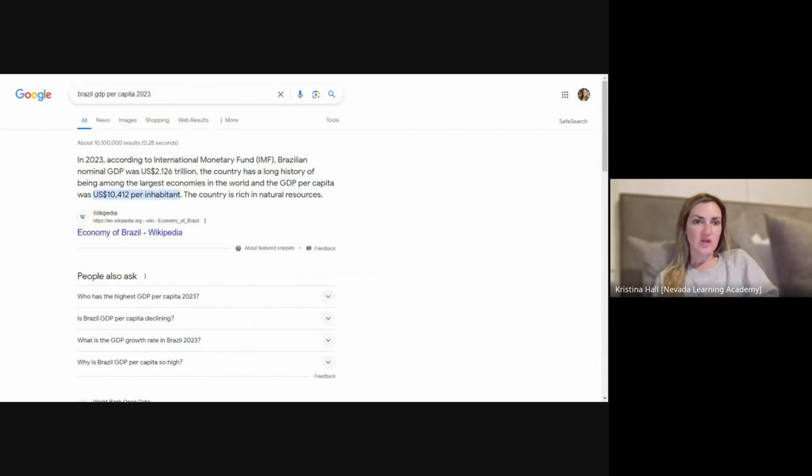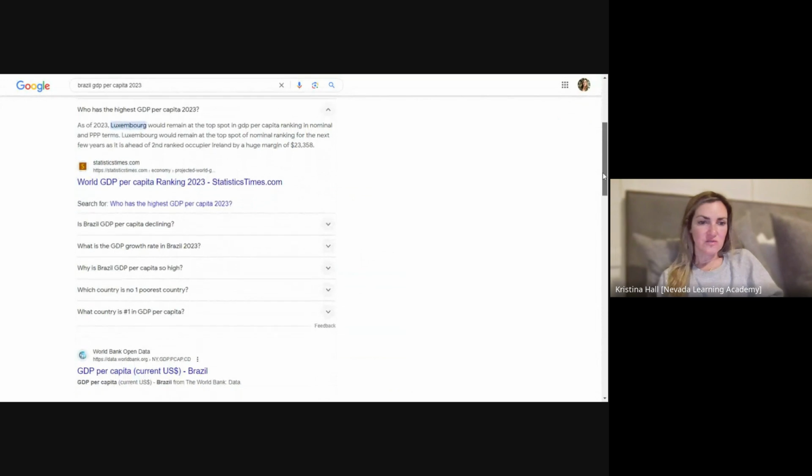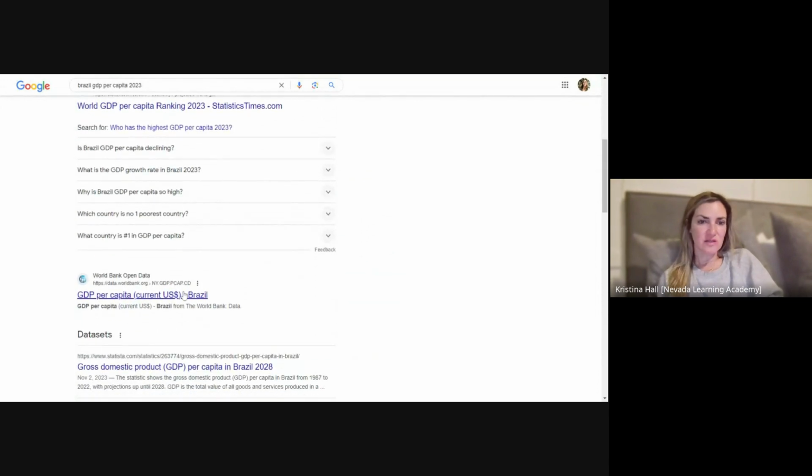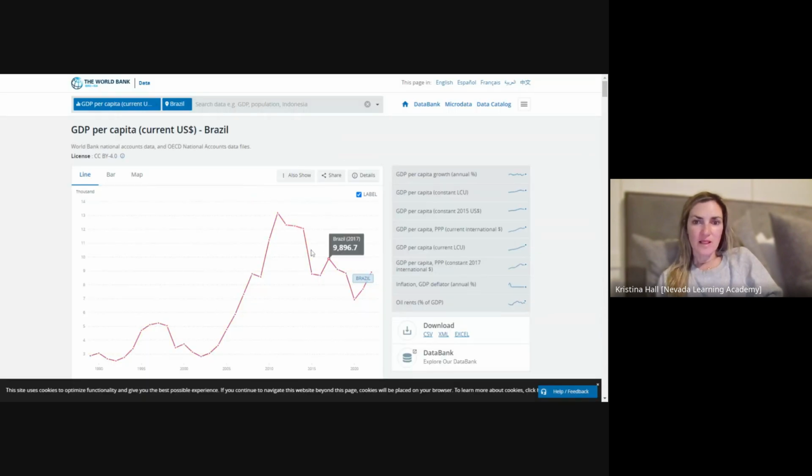I want Brazil's GDP, so let's see what it says here. Sometimes you have to go to a couple of links, or look a little bit. Brazil's current GDP per capita in 2022 was 8,917. So 8,917. Let's go back over here.